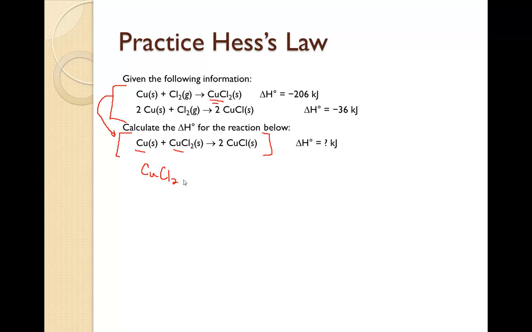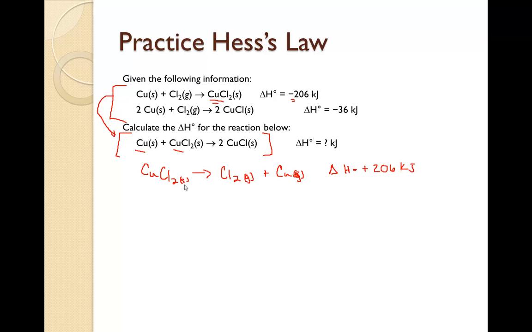CuCl2 solid yields Cl2 gas and Cu solid. Because we flipped the equation, we're also going to flip the sign, 206 kilojoules. It was originally negative. I now have it as a positive.